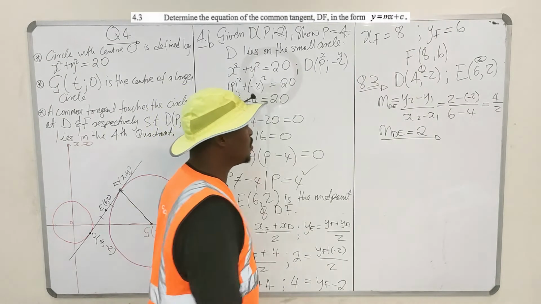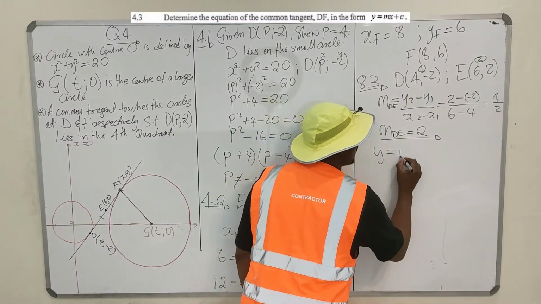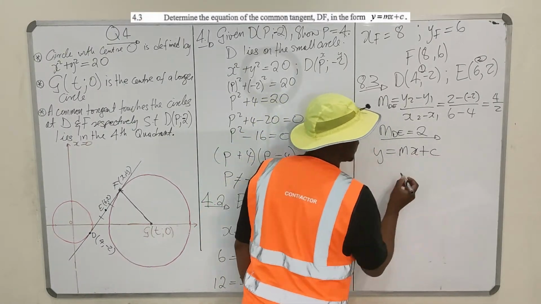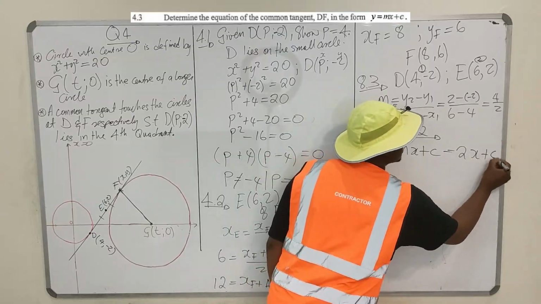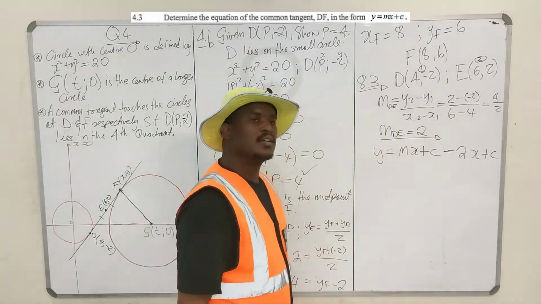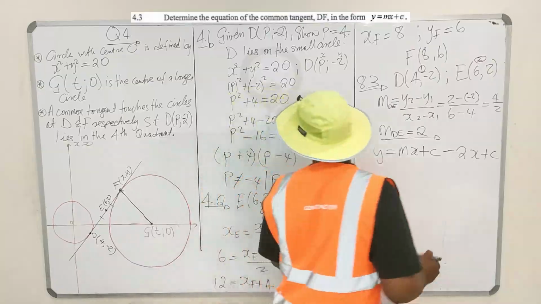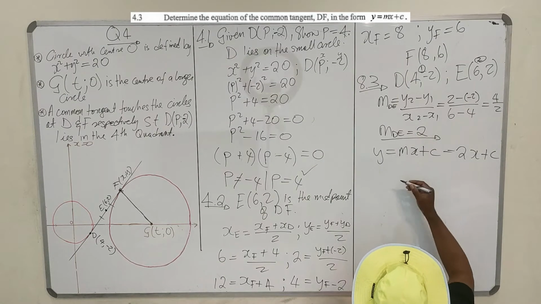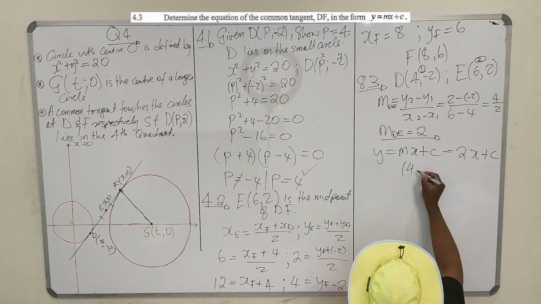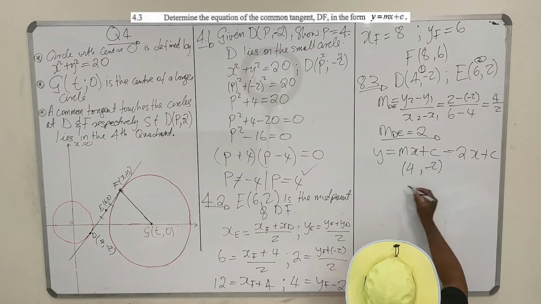Now you want to find the equation of the line, y in the form y is equal to mx plus c, right? So you know your m is 2, so it's equal to 2x plus c. You need the value of c, right? So okay, take any of those coordinates. I'll take 4 and minus 2.